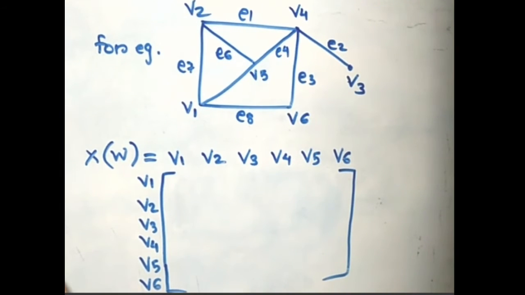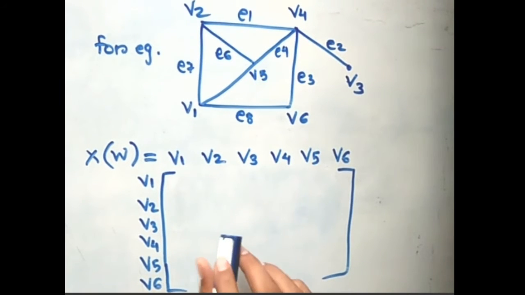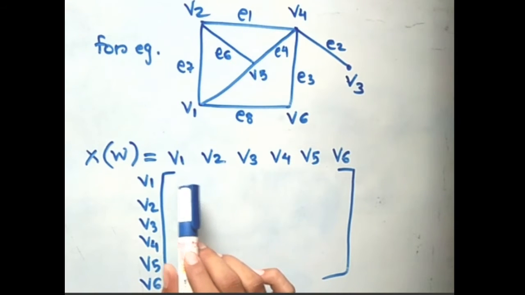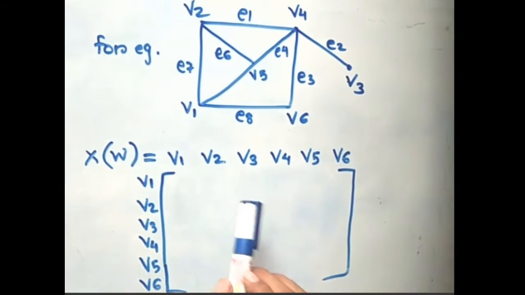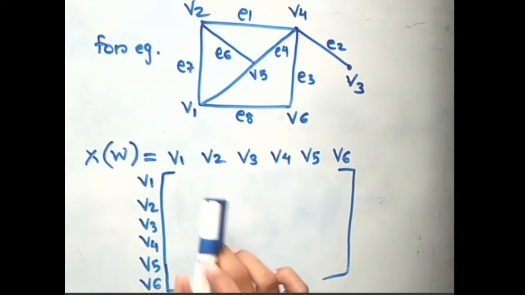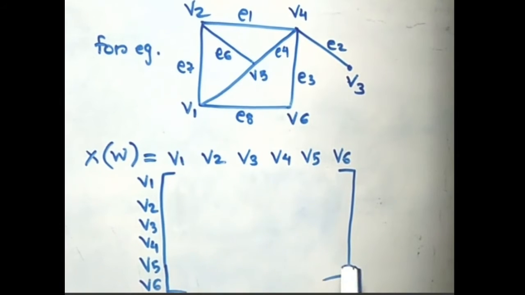Understand the adjacency matrix by the given graph. In the definition, we had seen that the required adjacency matrix should be of symmetric binary type, that is a square matrix having diagonal elements.